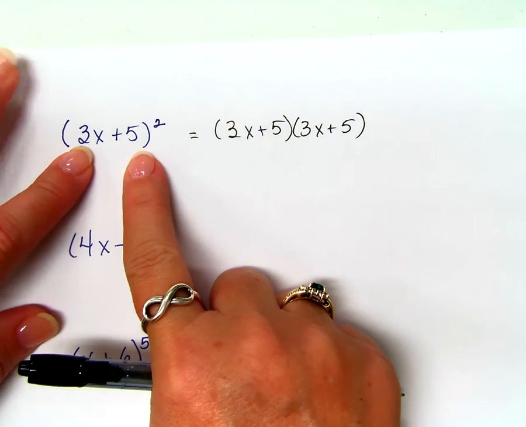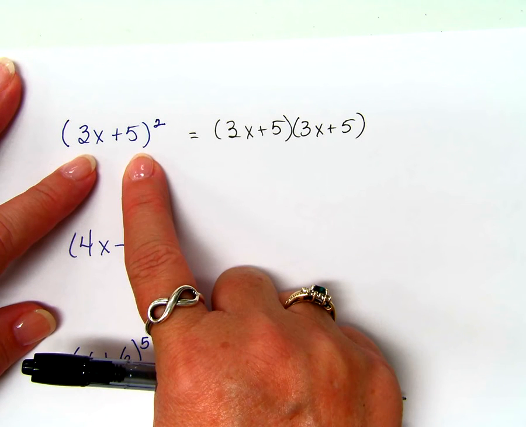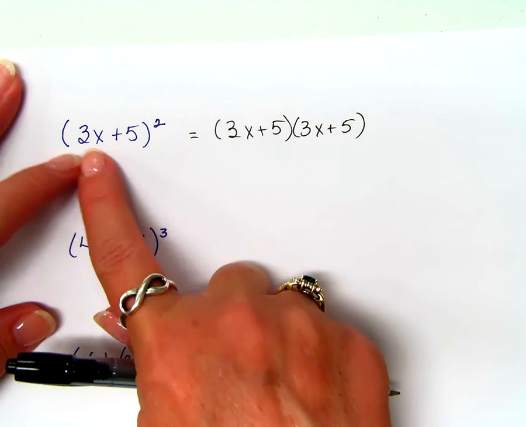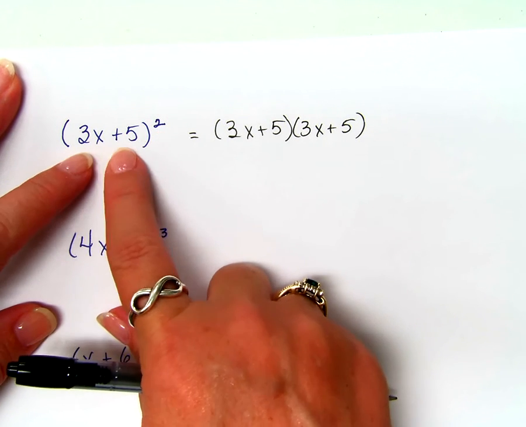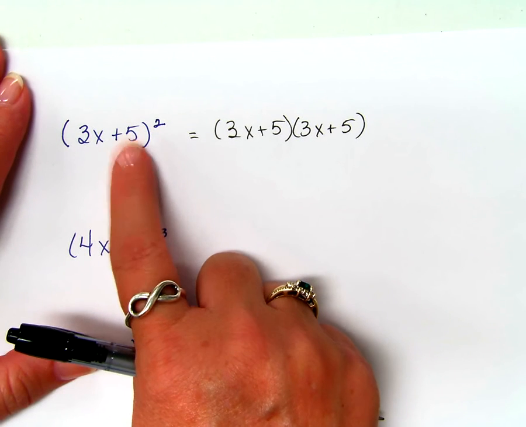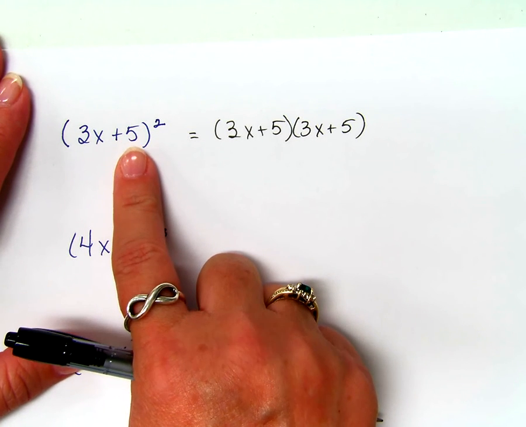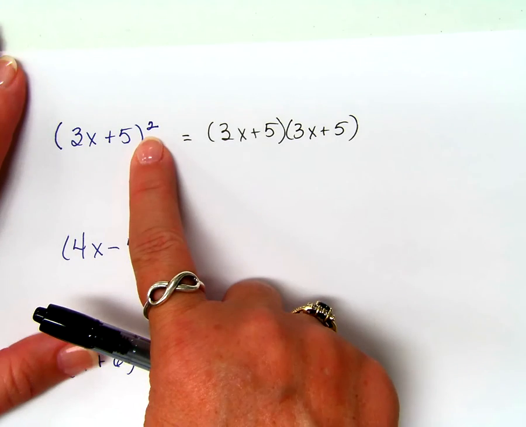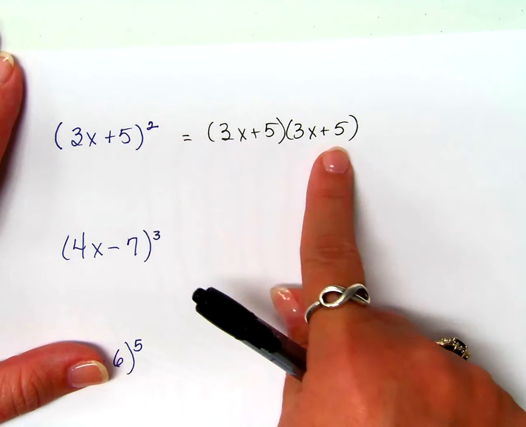Now a lot of people think, oh, that's squared, I'll square this and square that and get 9x squared plus 25, and that's the answer. And I promise you, if you do that, you'll get it wrong every time. I don't want you to get it wrong every time. So it says squared, so we're going to write it twice.